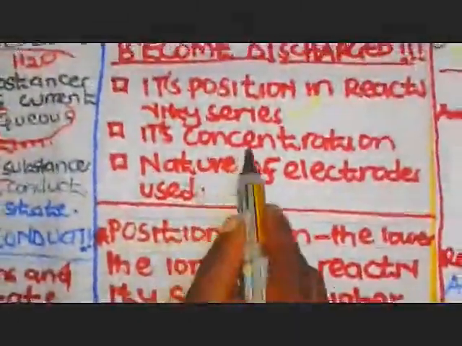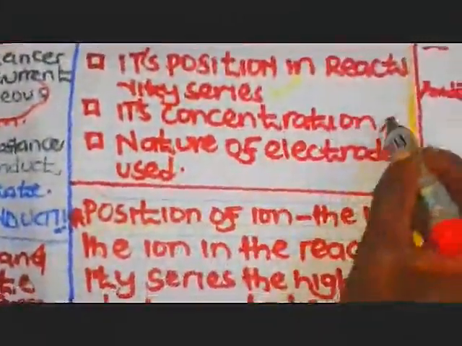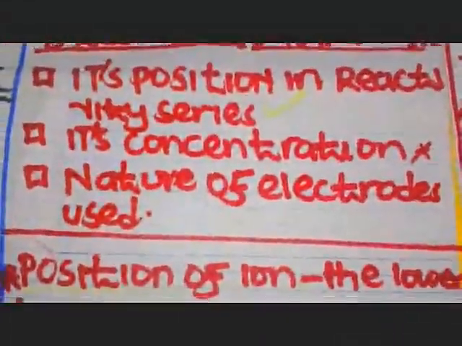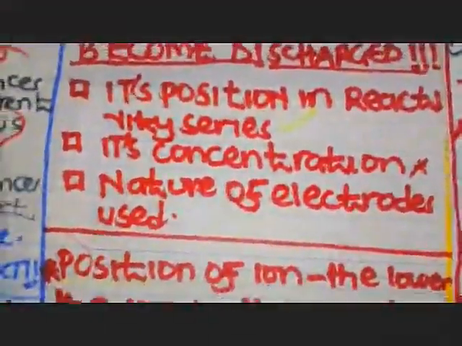Now the second factor is the concentration. The more highly concentrated the ion becomes, the higher its chances of being discharged. We can use an example.